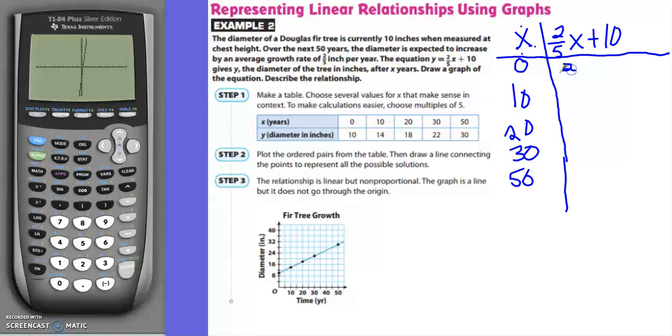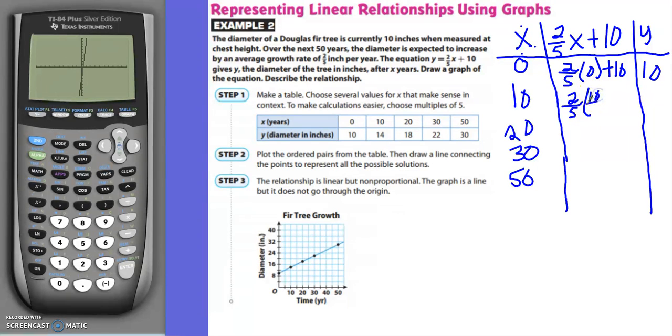You have 2/5 times 0 plus 10. Anything times 0 is 0. 0 plus 10 is 10. Okay, then you have 2/5 times 10. This would get you 4. 4 plus 10 is 14. Then you have 2/5 times 20.